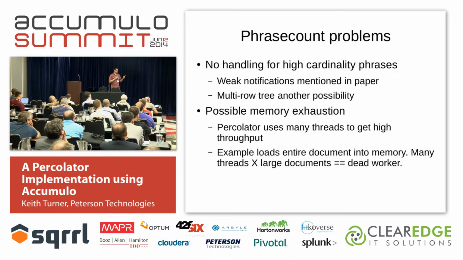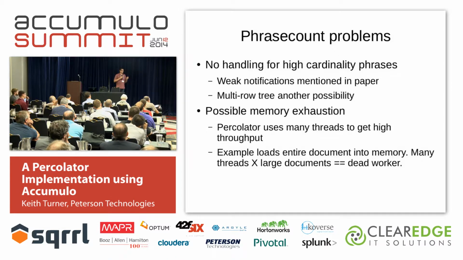And there's actually another problem with the example that I haven't quite worked out, which is memory exhaustion. In the Percolator model, on each worker process, you'll probably run like 20 to 100 threads. You'll run lots of threads to get a lot of throughput with your transactions.